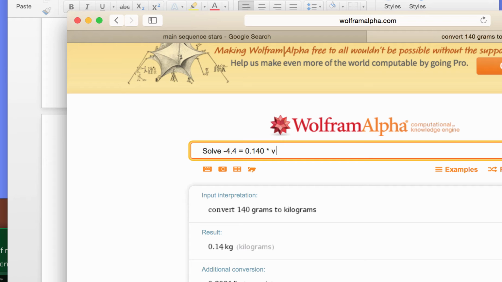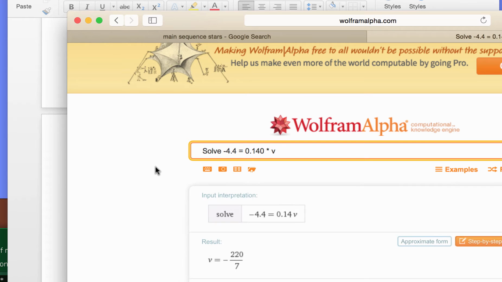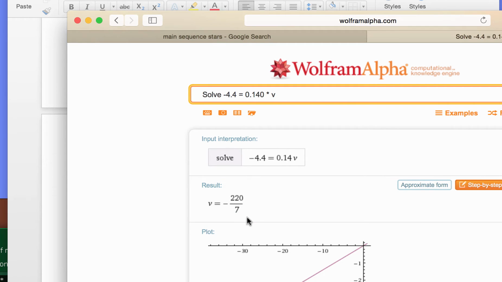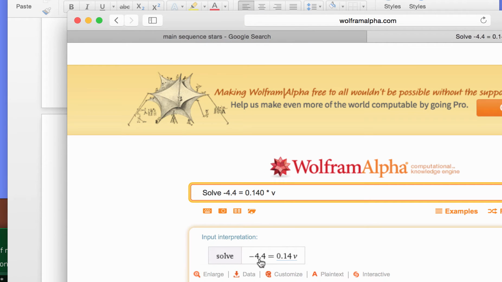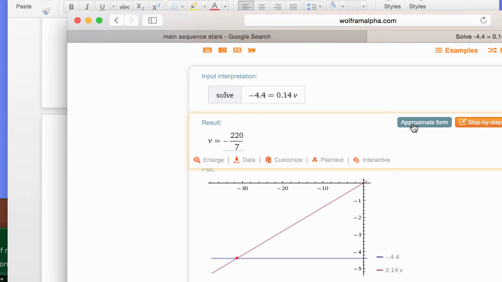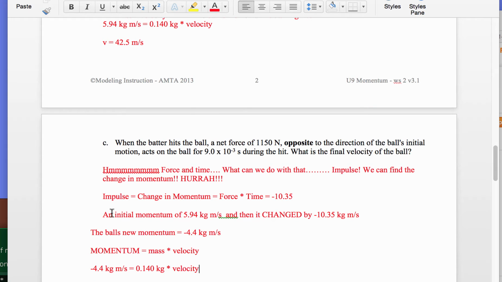Solve that, and I think it's smart enough to figure out what it's trying to do. Yeah, it says v is negative 220 over 7, approximate form about negative 31.4, we can round.